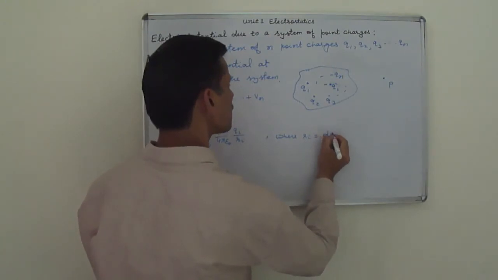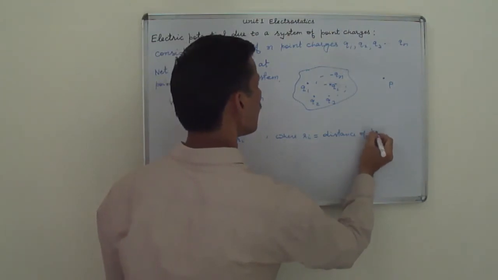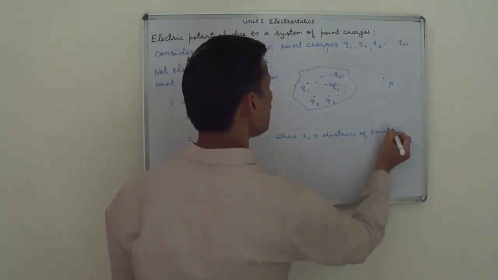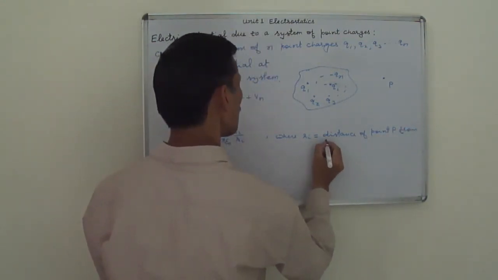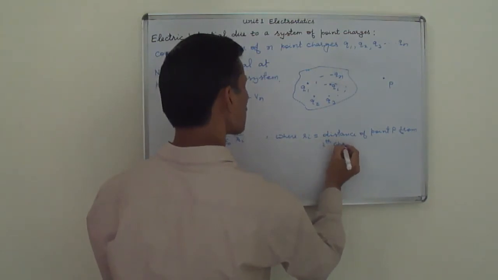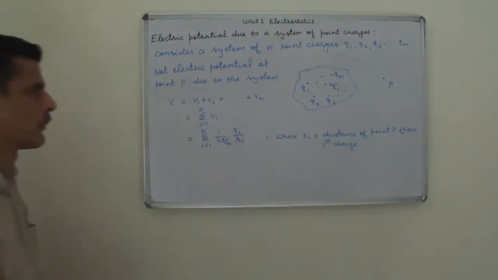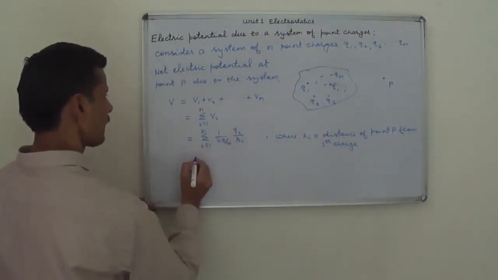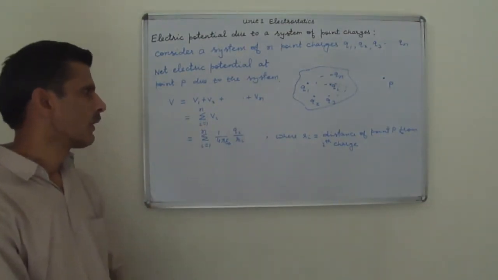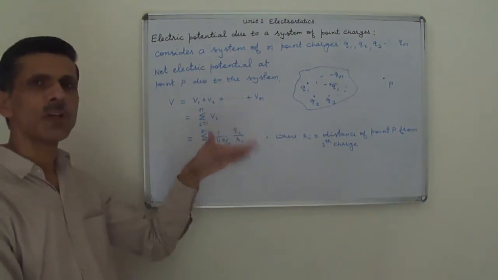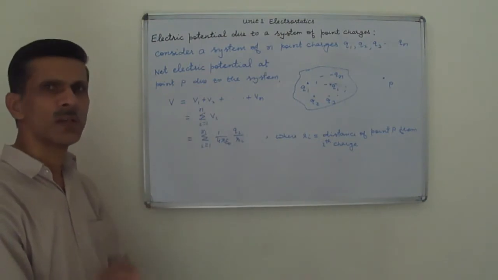Ri is equal to the distance of point P from the ith charge. And Qi may be positive or negative, so here we should put the value of Qi with sign.